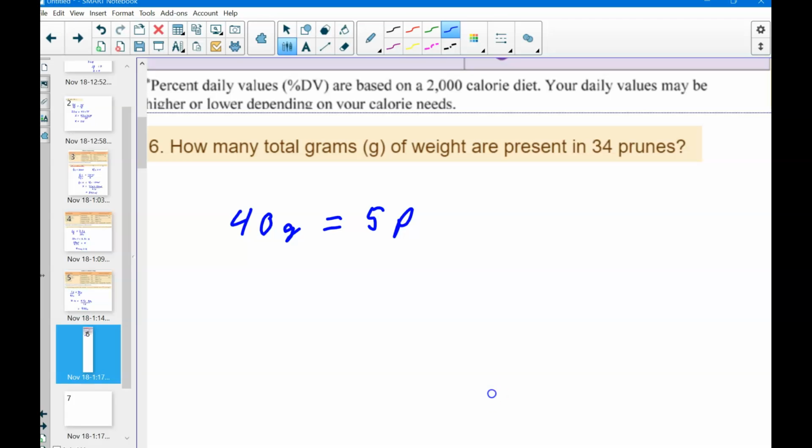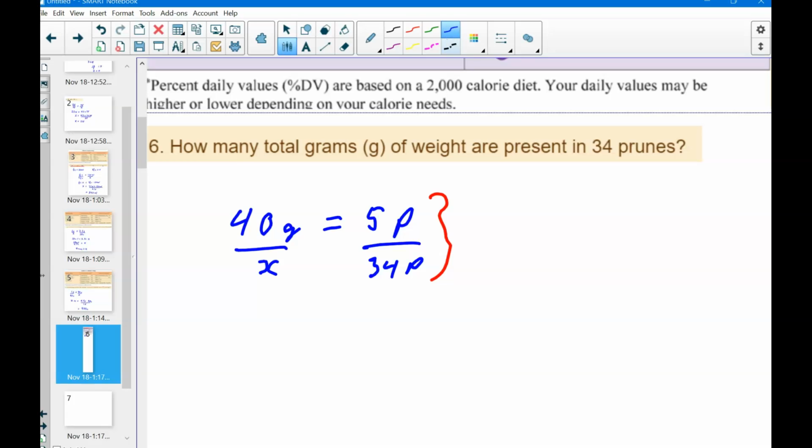So if I have 34 prunes, I'm keeping them lined up, 34, and how many grams? If you're putting prunes in this fraction, put P over the P. Then let's cross multiply again. This whole chapter is on ratio and proportion.